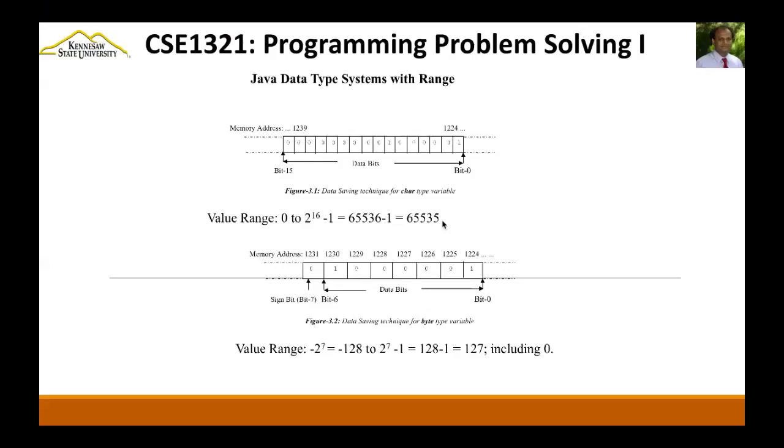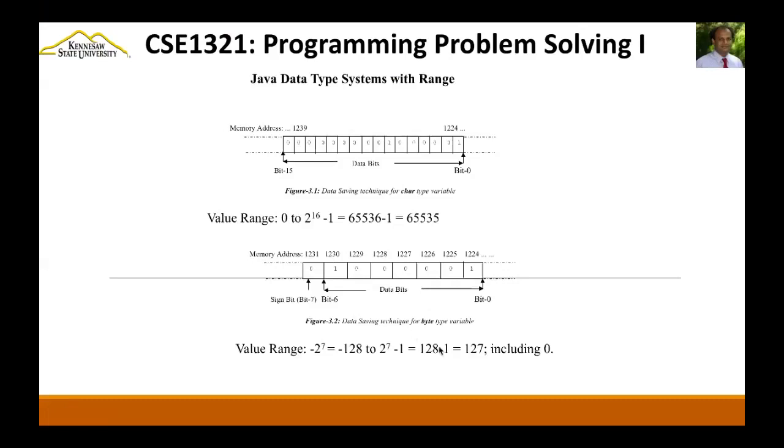Okay, so now let us come to the byte type. Let us understand one thing; if we understand one, then we will understand the others. What happens when we declare a byte type variable, if we say byte X?